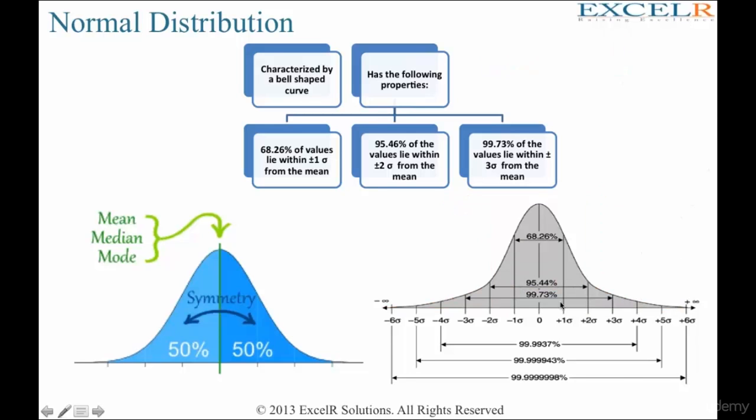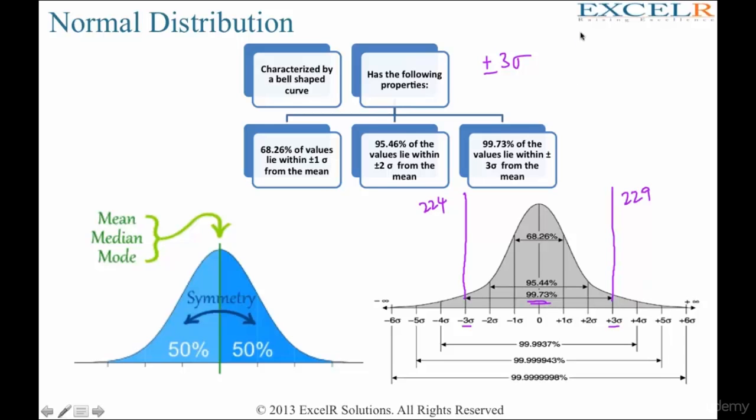If I say that a specific process is operating at plus minus 3 sigma, that means your specification limits would be here. You would have your 229 mm here and 224 mm here. If a process operates at plus minus 3 sigma, 99.73% of the cricket balls would meet your specification limits.